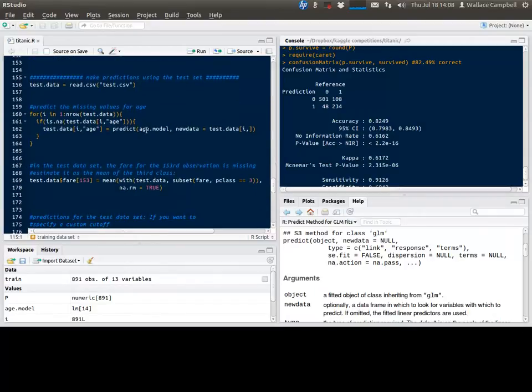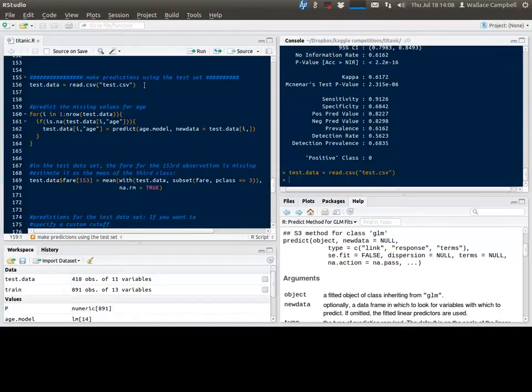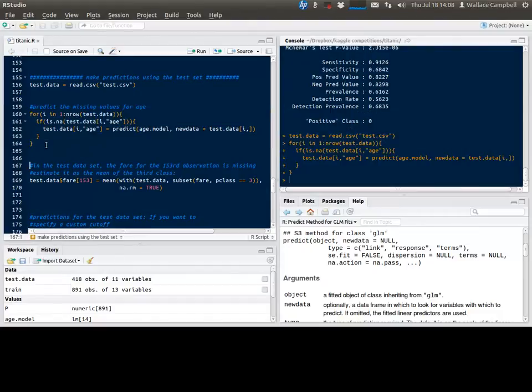So now let's move on to making predictions on the test data set. And there are also missing values for age in the test set. We're going to do the exact same thing we did for the training data set and predict those. And then I noticed that the 153rd observation in the test data set was missing the fare.